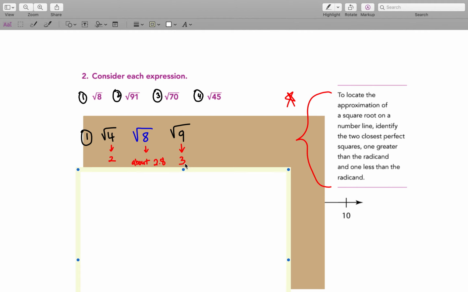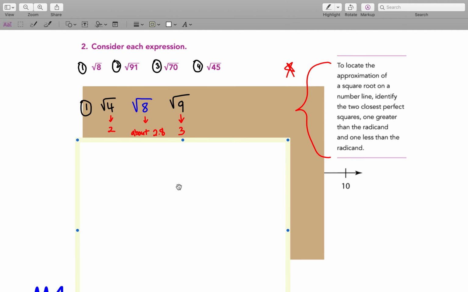But 4 and 8 have a difference of 4, while 8 and 9 have a difference of only 1. So it's closer to 9, closer to 3. It's not in the middle like 2.5, it's slightly towards the right, so it's about 2.8.